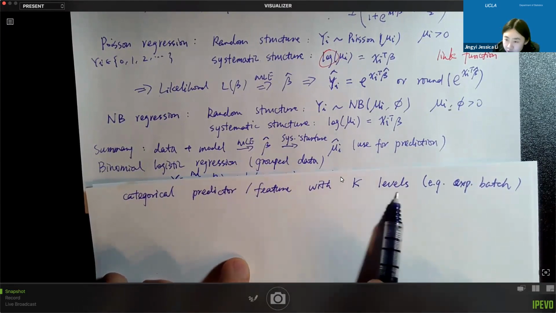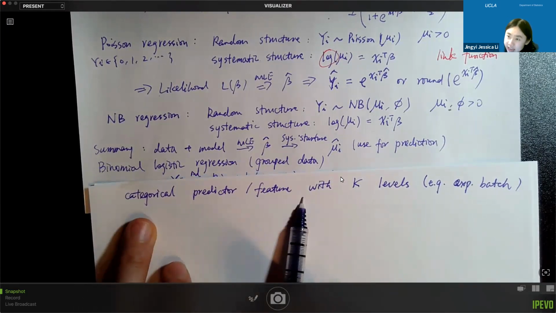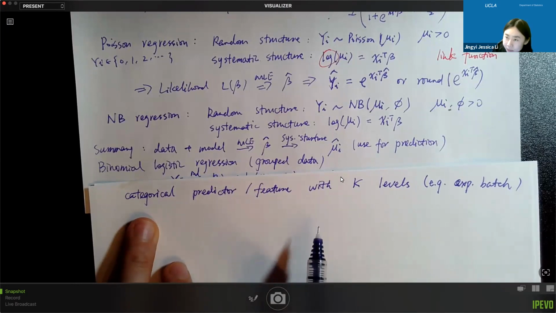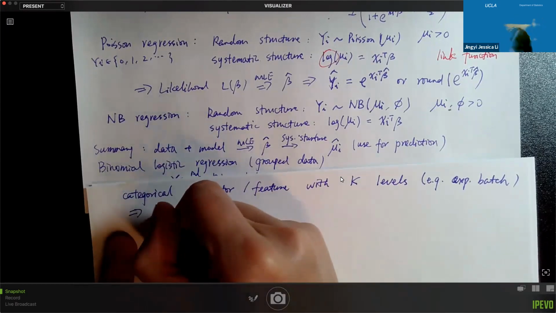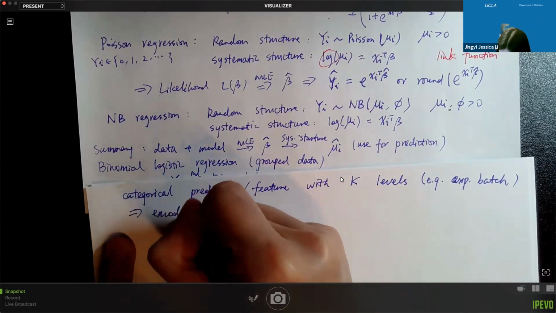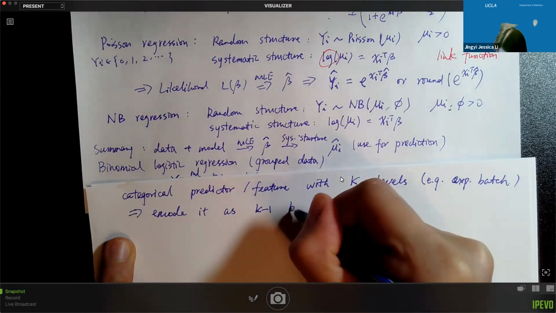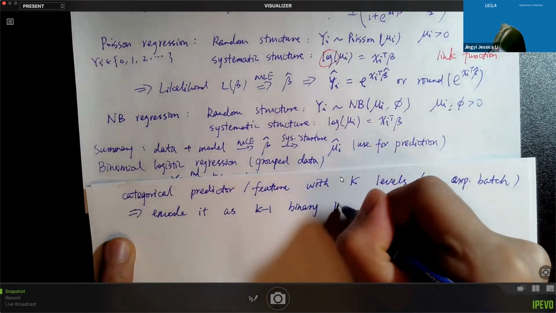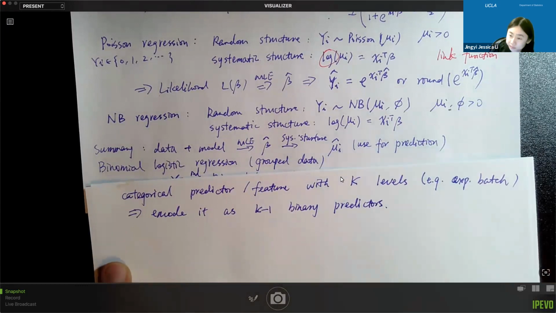The common approach is that we would encode such a predictor as k-1 binary predictors. So what does it mean?